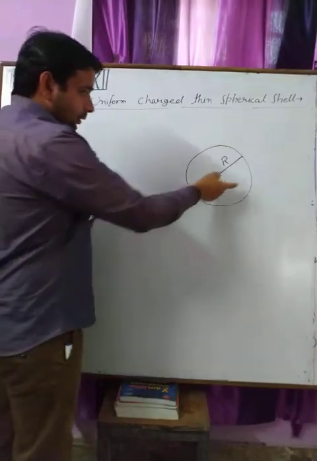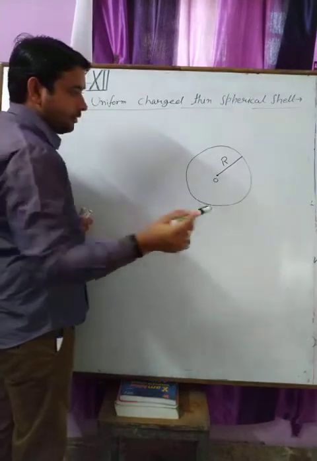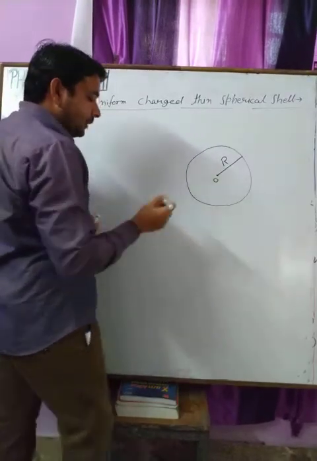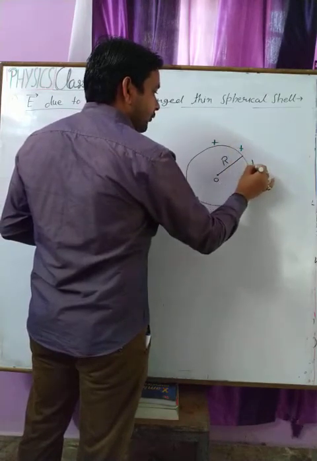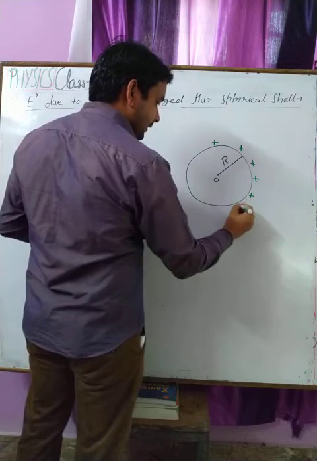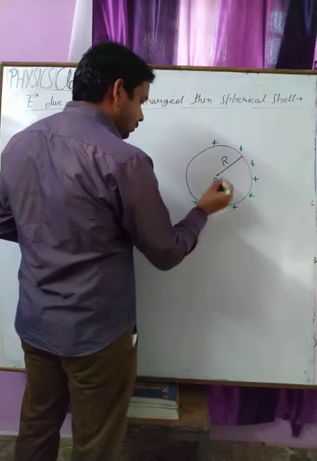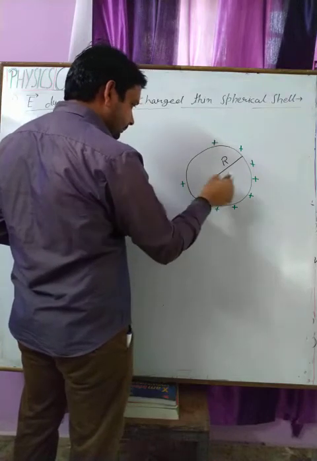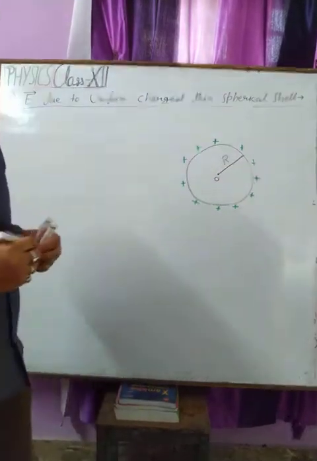It is a thin spherical shell of radius R with center O, and the charge is uniformly distributed over its surface. There is no charge inside the sphere. Is it clear, students?